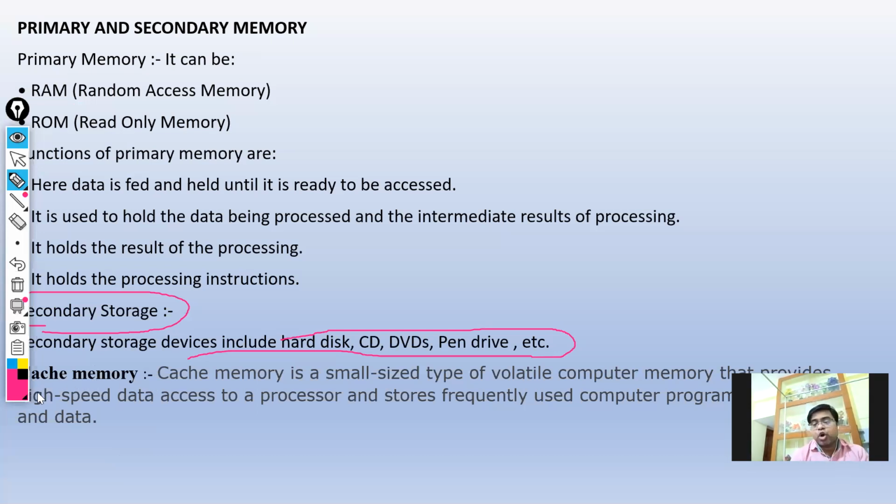Now, the next type of memory that we use nowadays in our laptop, desktop, that is cache memory. Don't read this one as "cash" memory. Its pronunciation is cache memory. Cache memory is a small-size type of volatile computer memory that provides high speed data access to a processor and stores frequently used computer programs, applications, and data. Students, if cache memory is there, the performance of your computer will be nice.